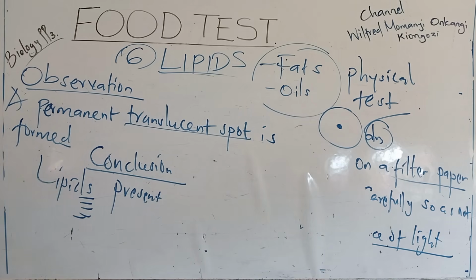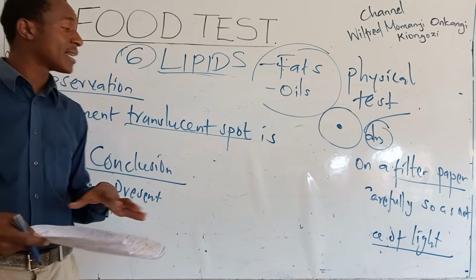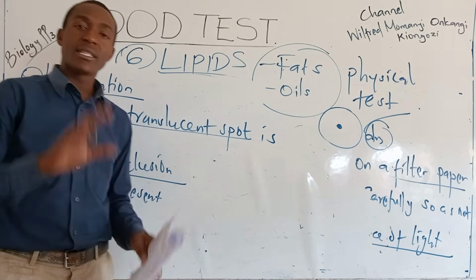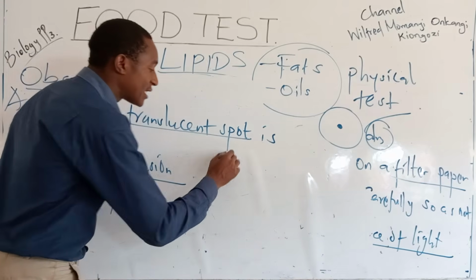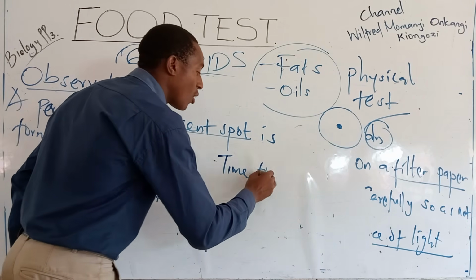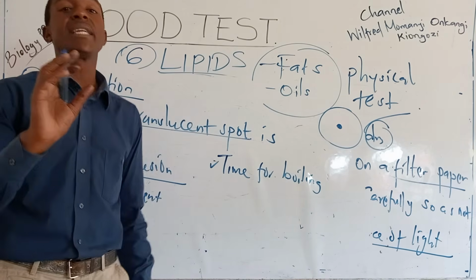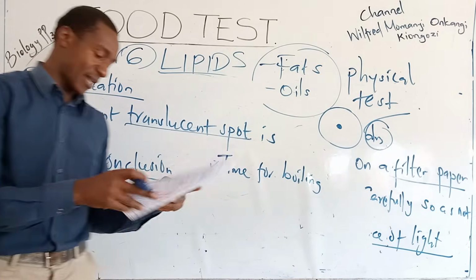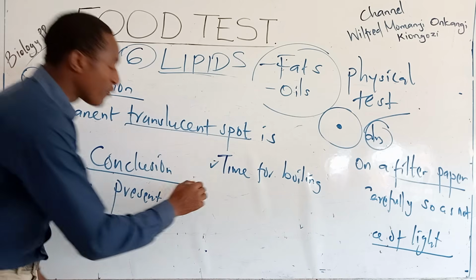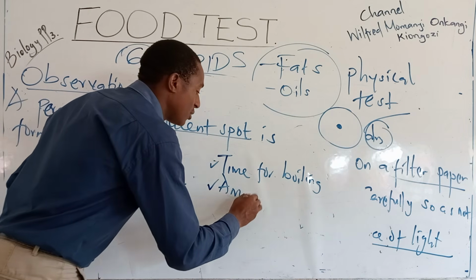So I think we are through with the discussion of the 6 food substances, but I want to remind you of a few things. Time for boiling, generally. You must quantify the time: 3 minutes, 5 minutes or something. Then number 2, the amount of food substance.